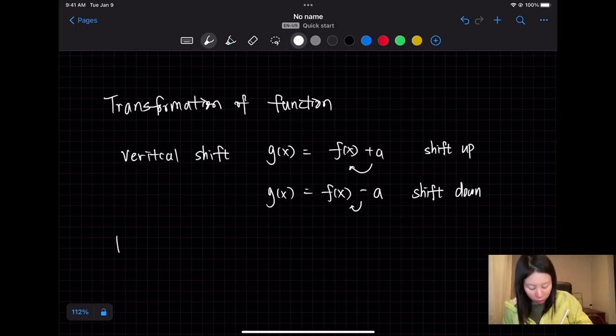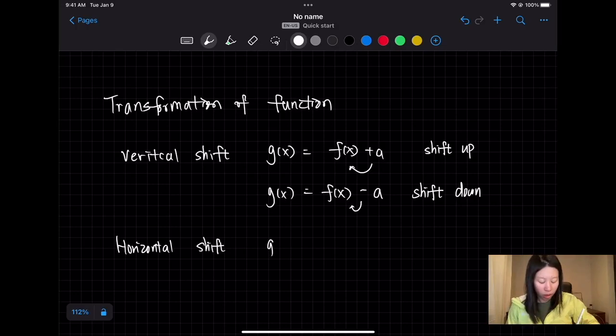All right, so now we have a horizontal shift. Horizontal shift is when you add or subtract something from x, not from the whole function.